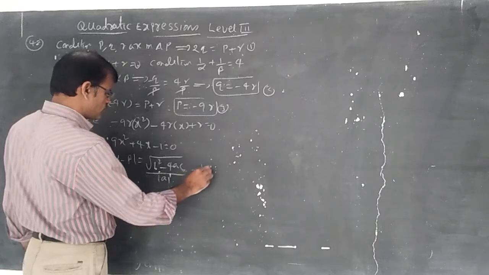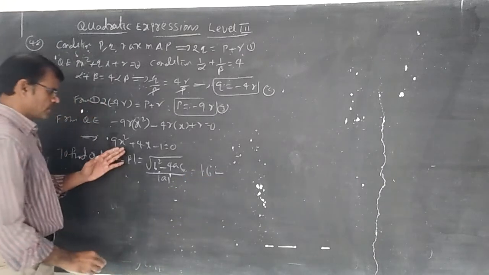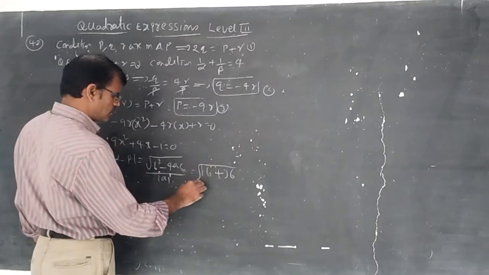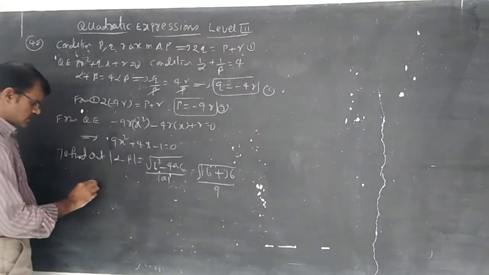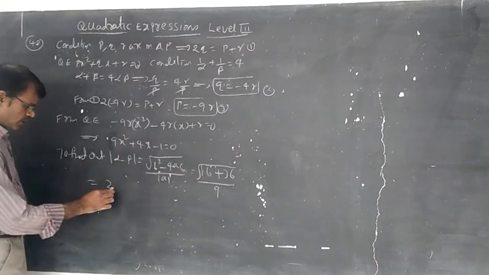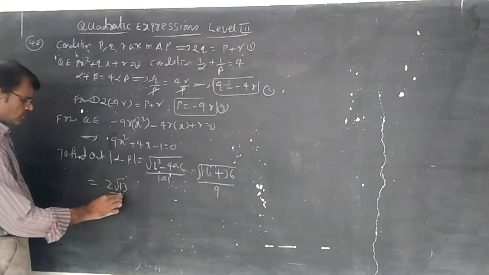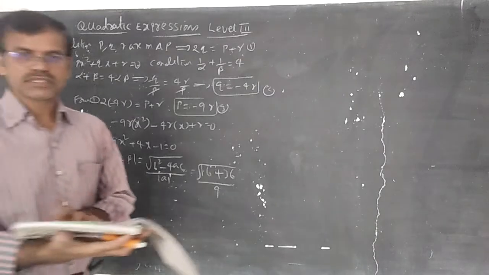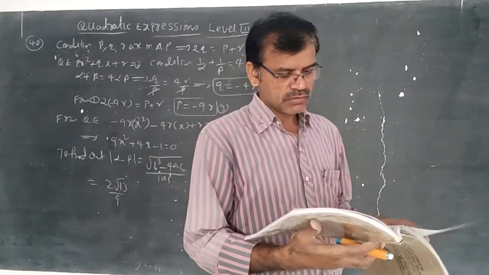B square minus 4ac is 16 minus of minus, plus 4 into 9, which is 36, over 9. 16 plus 36 is 52, so you can write 2 root 13. 2 root 13 by 9 is the answer. 42nd question, fourth option.